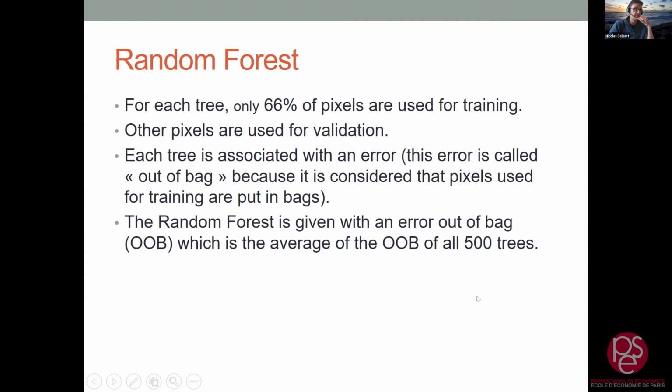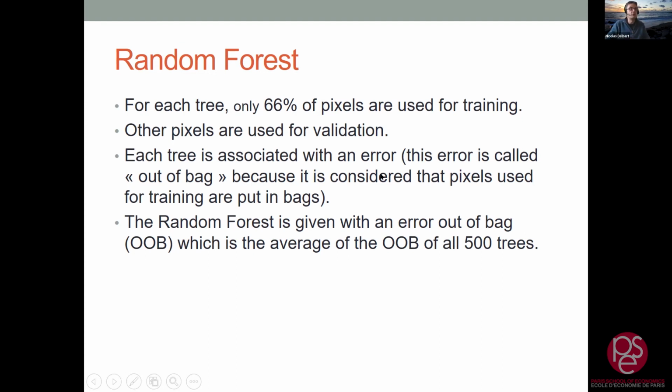So with a random forest, only 66% of the pixels are used for the training, which means for each tree, there are 33% of pixels that are not used for building the model. So one strength of the method is to use these 33% pixels for validation, as I have described before.